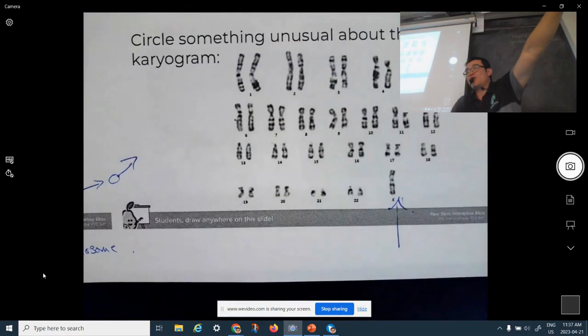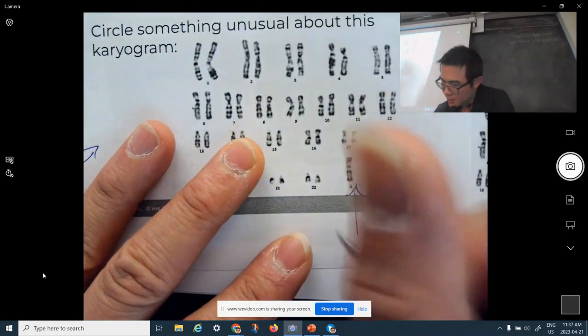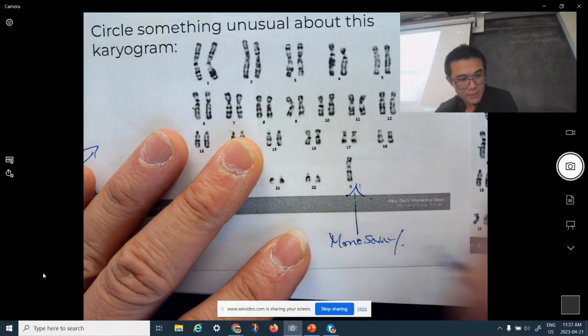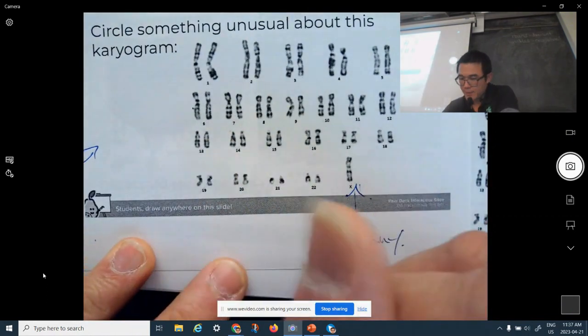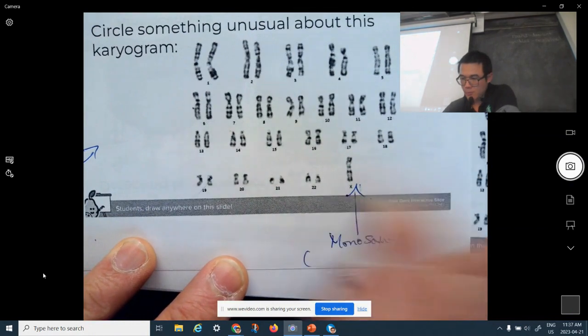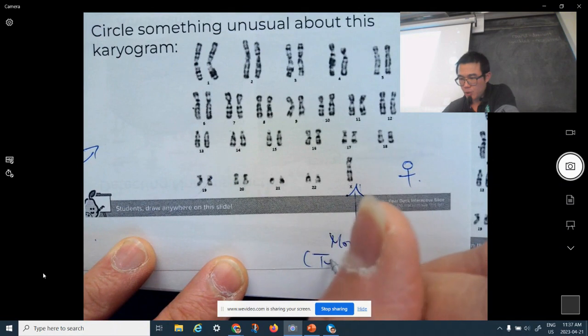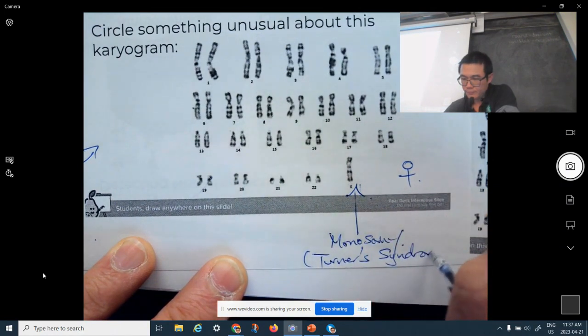And if you have one copy, what do you call that? Monosomy. Thank you. So in this case, that person is female, and it's what you call Turner's syndrome.